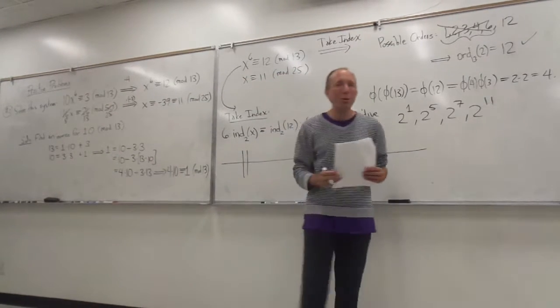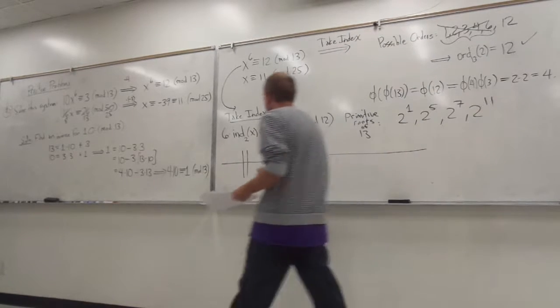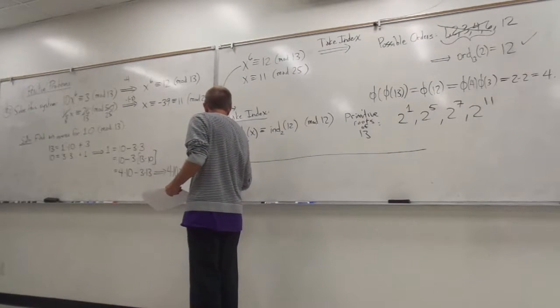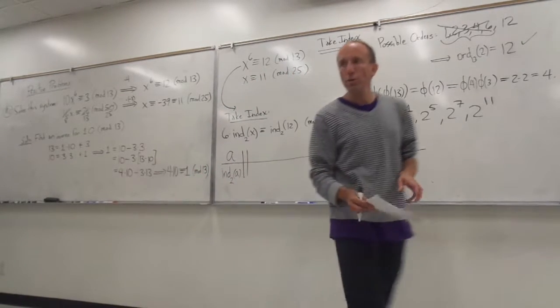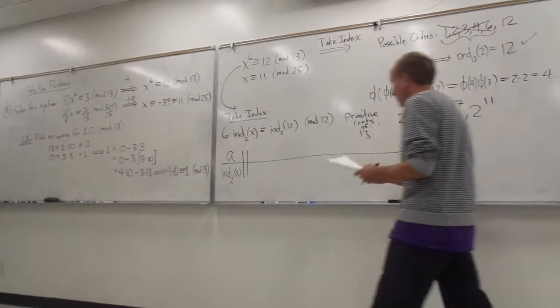This is just by way of review as well. Let's make our table of indices again. You take all of your numbers on top and take their index with respect to 2, and draw that table on the bottom.